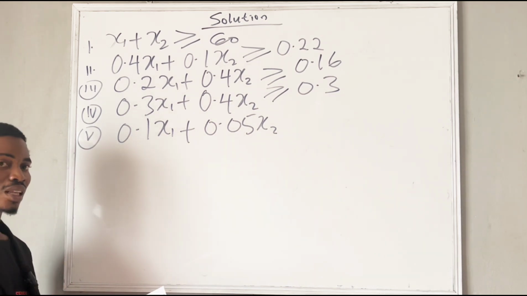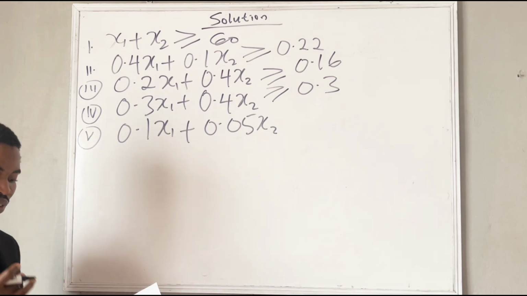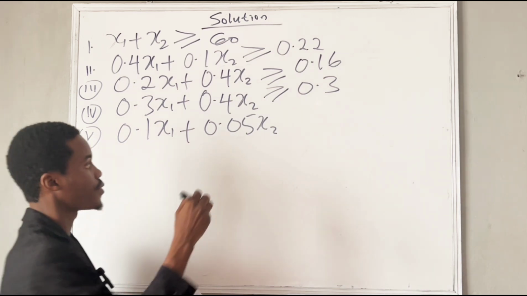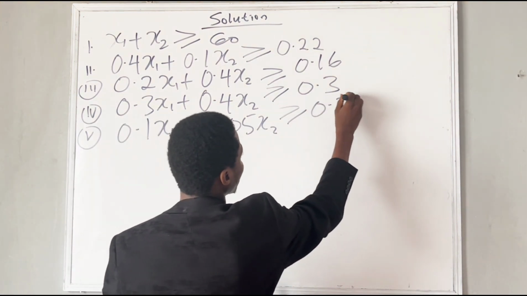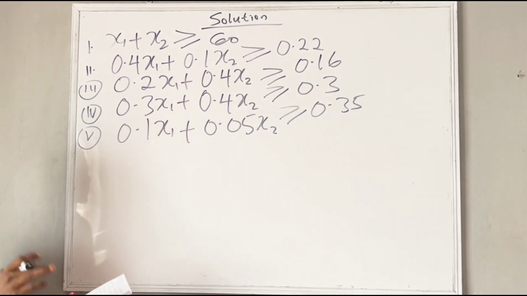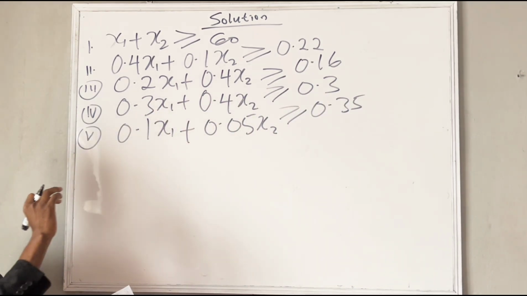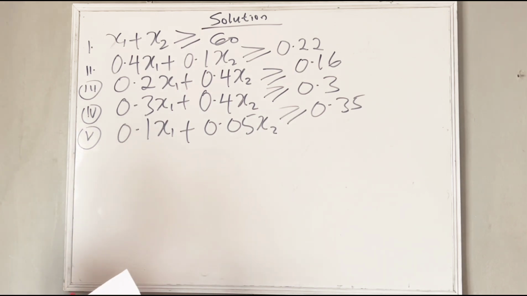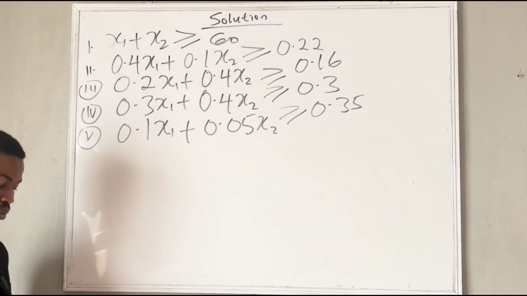So it means we have to take 35% to decimal. 35 divided by 100 is 0.35. So I am going to have 0.35. So this is the solution from 1 to 5, the solution to the constraints of the elements we have been given.